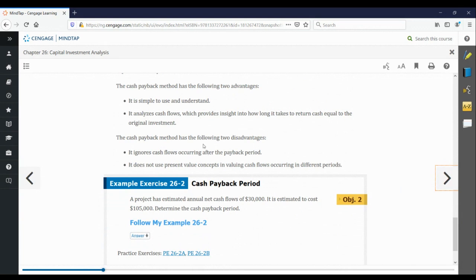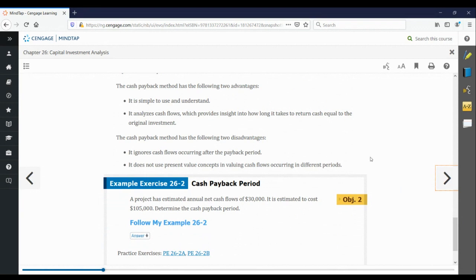It ignores the future cash receipts that we could be receiving in the future. And it doesn't use present value concepts in valuing the cash flows that occur in different periods. So it has some disadvantages associated with it.